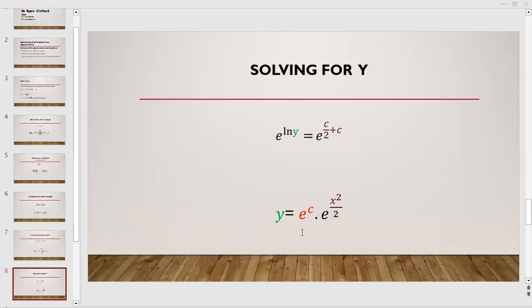Now, exponential natural log of y becomes y, and exponential of c is also a constant, because the exponential of a constant is a constant. So I'm going to replace this with another constant. I want someone to tell us the answer that we're going to have here, just from the slide.